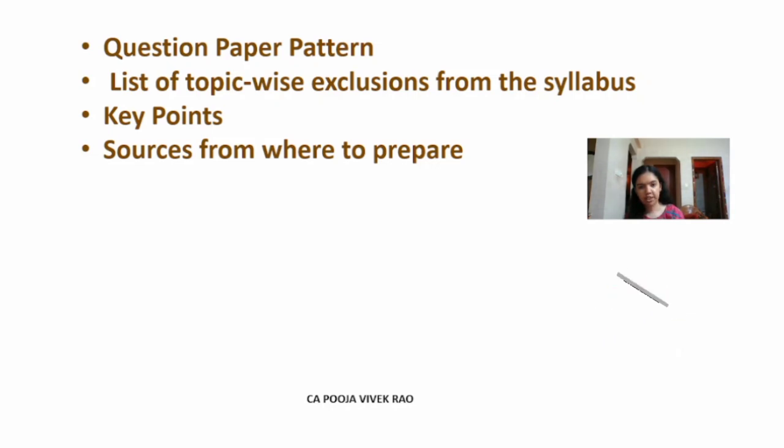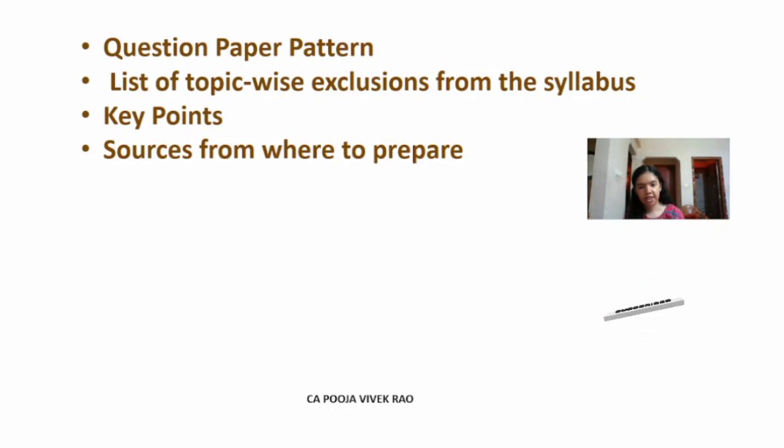Then the next source is Saransh. The institute has itself prepared a summary for each of the Ind AS. This summary is in the form of diagrams, flow charts, pictorial representation, etc. This is easy for revision purposes, so you can use this. And the next source is the revision test paper.